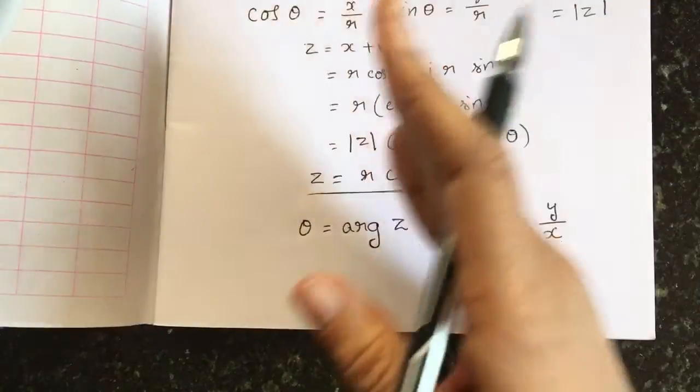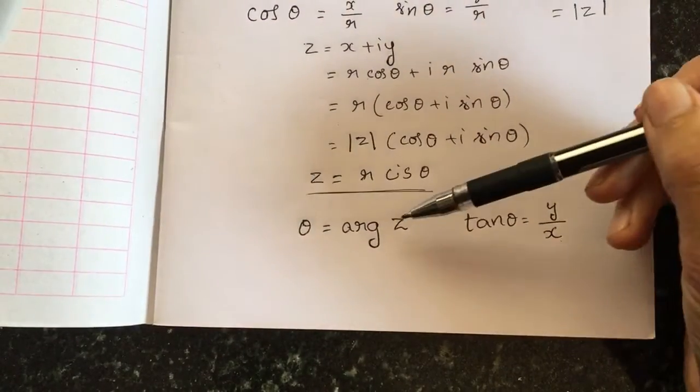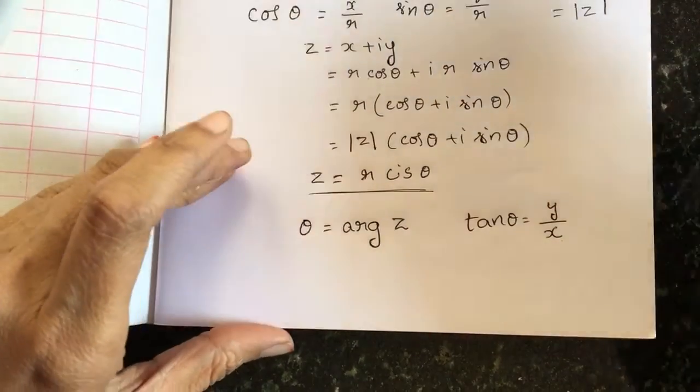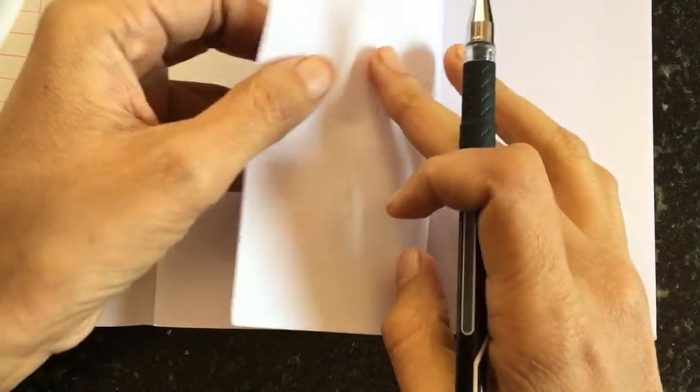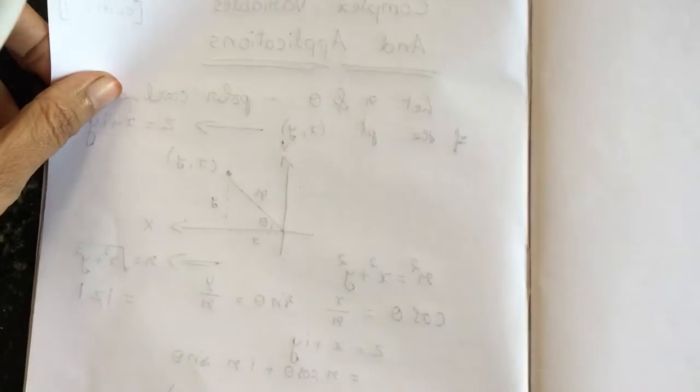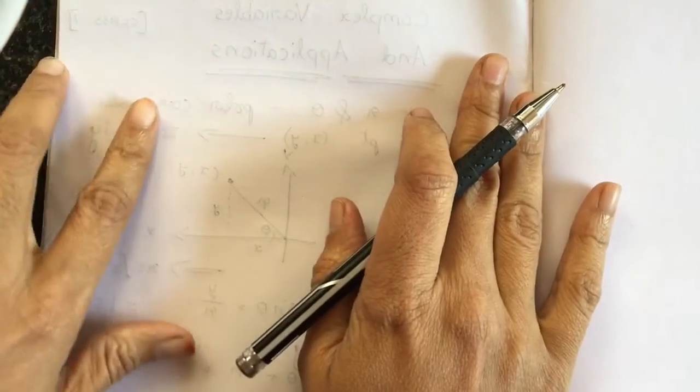You will get many possible values for theta, but depending on the particular quadrant, you have to decide the particular value of theta. Any two values of argument z will differ by an integral multiple of 2 pi.